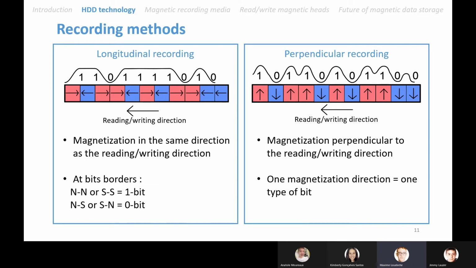The first one, that was used until 2003, is the longitudinal recording. Small zones are magnetized in the same direction as the reading direction, but in two different orientations. At the boundary between two zones, there are two cases. Either the two zones are magnetized with the same orientation, or they are in opposite orientation.